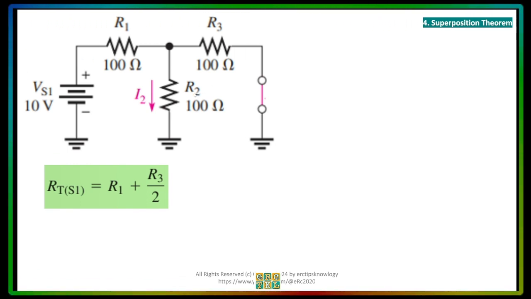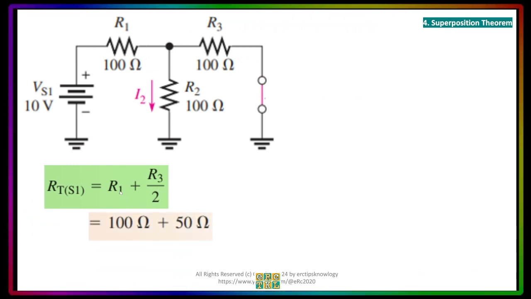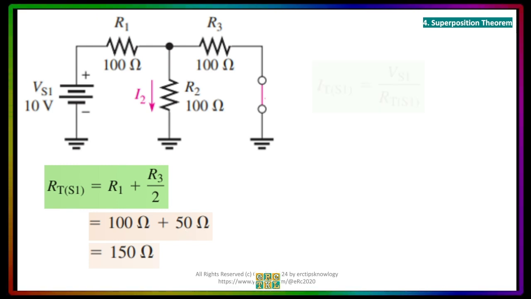So if there are two resistors in parallel and both have the same value, we divide by 2. That's why you will see here that it's equal to R3 divided by 2. Now, if we think about this, this will be 100 plus 100 divided by 2, we will get 50 ohms. And the total will be 150 ohms for the R total with respect to S1.